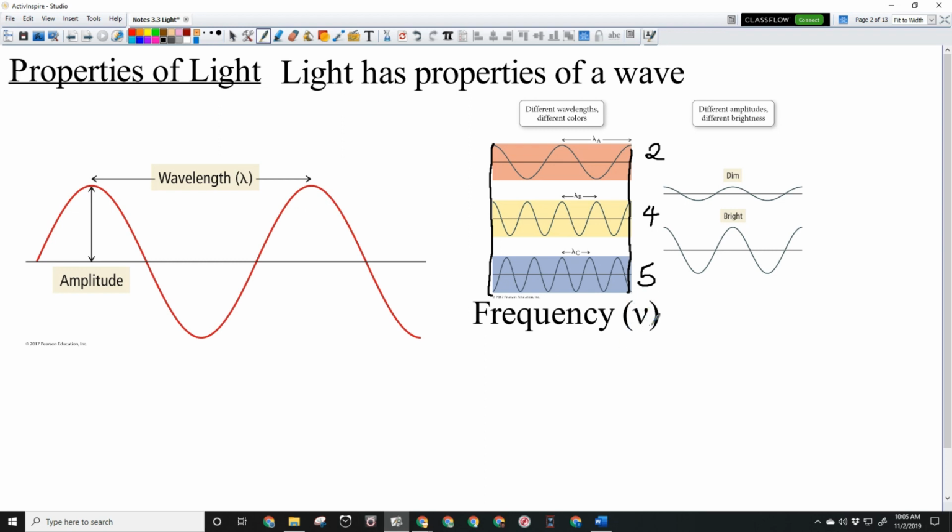The original symbol is the Greek letter nu, which looks like a fancy V. Or you'll see it written as a lowercase f as well. So either one of those, in your notes, in the reading, in the textbook, or maybe in some problems that you may see written by different people, frequency is used 2 different ways.